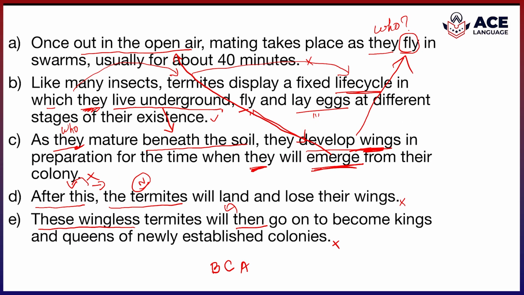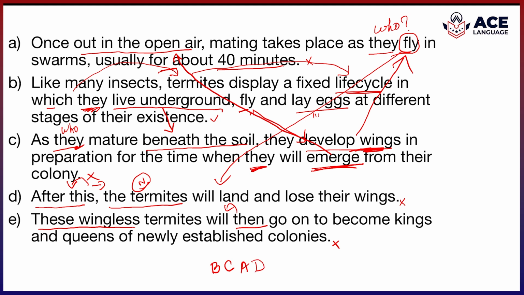So they fly for about 40 minutes. And so what happens if they fly? After this, the termites will land and lose their wings. After what? After they fly, because they're now flying, so they will obviously land. All right, so they land and lose their wings. So number D will be after that.